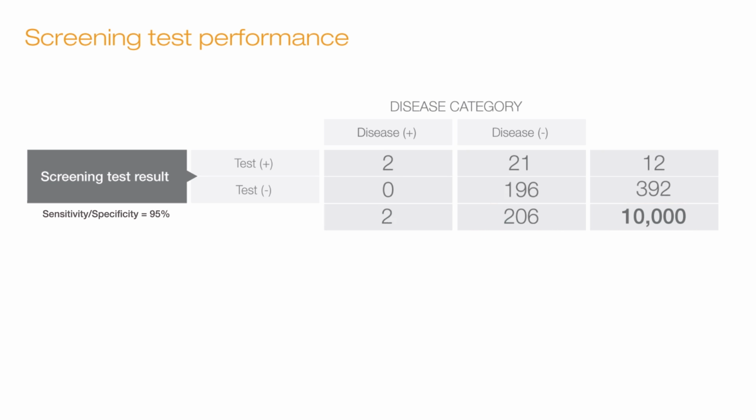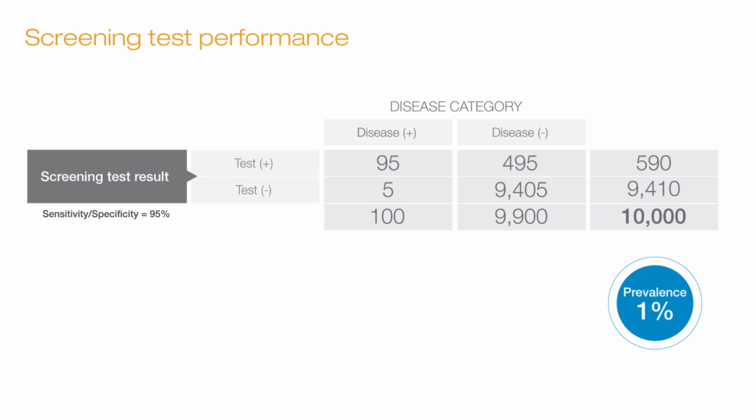If we apply the same test to a lower risk population where there's a prevalence of only 1%, same sensitivity, same specificity, our positive predictive value decreases down to 16%. The negative predictive value has become more robust at 99.9%, but one could question how clinically relevant that increase is.